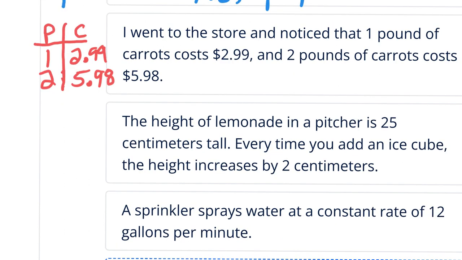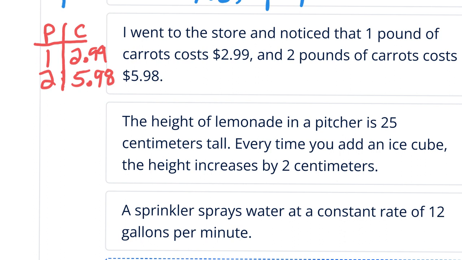Our next situation is I went to the store and I noticed that 1 pound of carrots will cost $2.99. 2 pounds of carrots will cost $5.98. So again, table, great strategy. We could find the unit rate. We could do y divided by x, or we could say, what do I multiply 1 by to make 2?